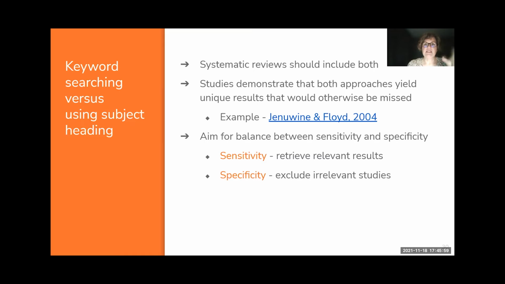So what I was saying is that for systematic reviews, it's been proven that you need to use subject and also keyword to be comprehensive. If you don't use both, you'll be missing articles. Of course, sometimes doing searches could be a bit endless, so you need to find a balance between sensitivity and specificity, but it also needs to be manageable for you and your research team.